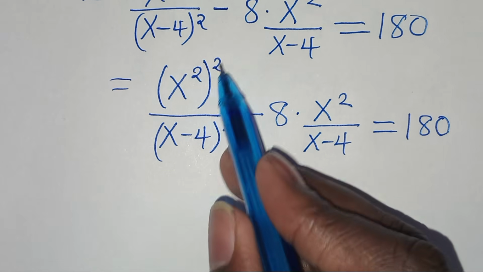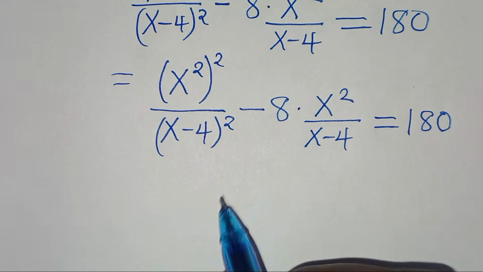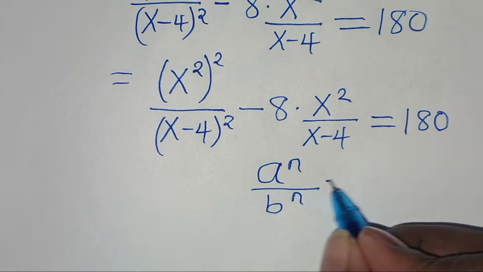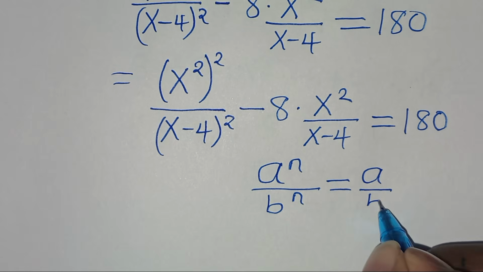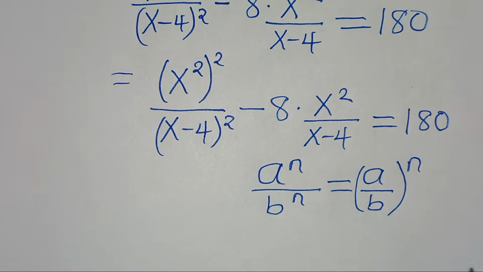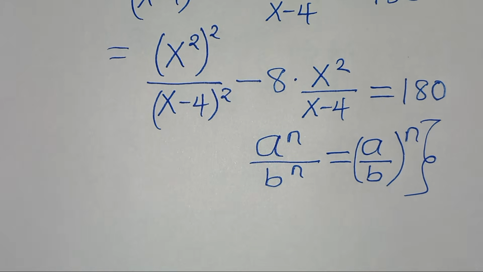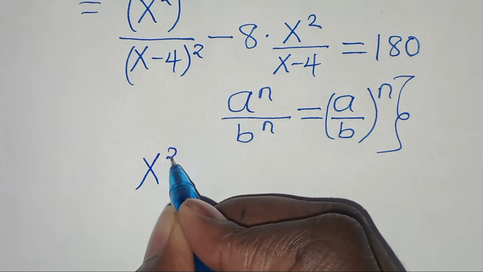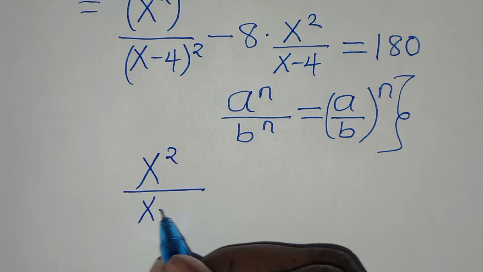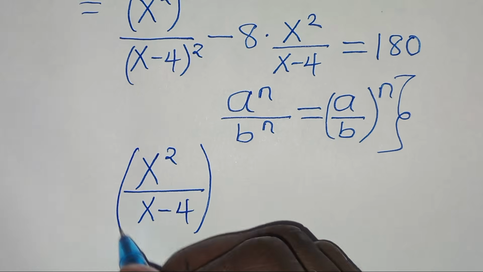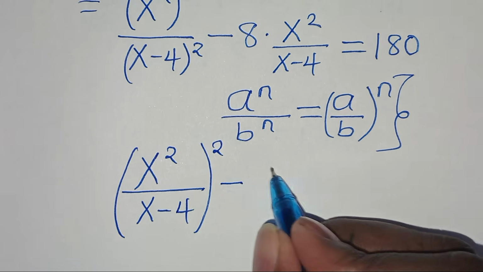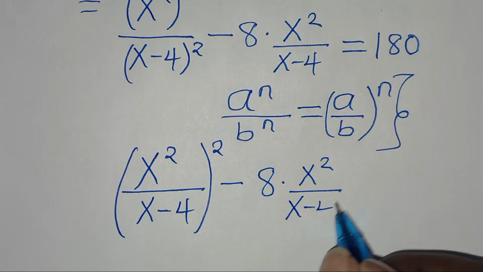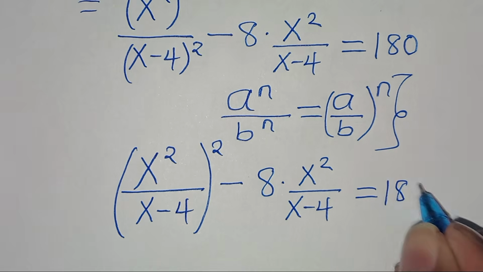Now, x to the power of 2 raised to the power of 2 here, and (x minus 4) to the power of 2, this is in the form of a to the power of n divided by b to the power of n, which we can express as a over b raised to the power of n. Applying this exponent property, we have x squared divided by (x minus 4), everything here raised to the power of 2, minus 8 times x squared divided by (x minus 4). This is equal to 180.